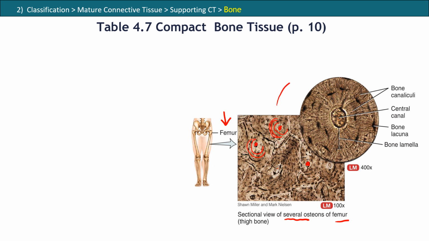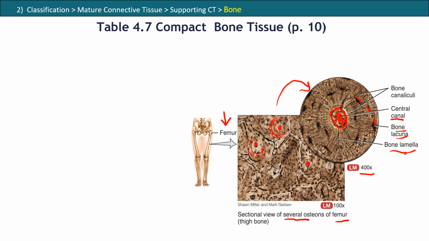So here you can see how they look more clear. Of course, it's much easier when you magnify this 400 times. And you know that these are osteons, that osteons are the structural and functional units of compact bone. And here you have many components. So for example, again, the central canal, where the veins, arteries, and nerves are. The bone lacuna, that is the space in the extracellular matrix, the ECM.